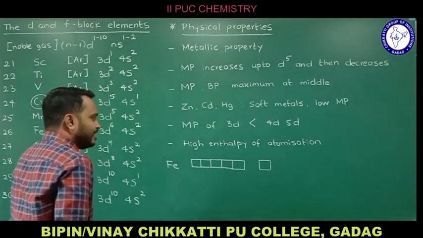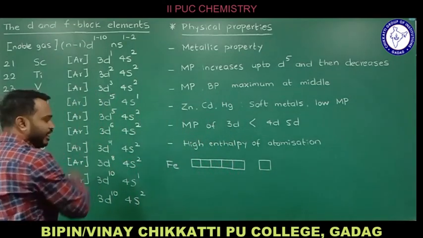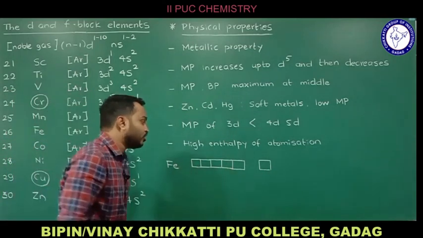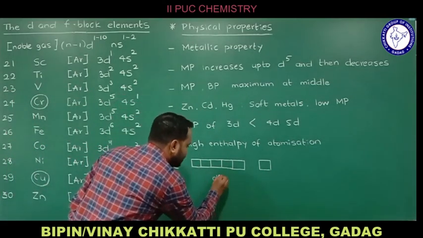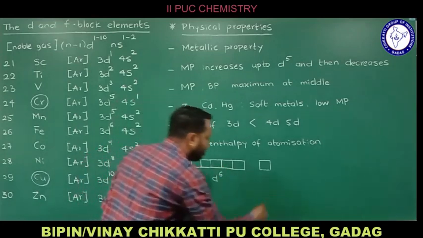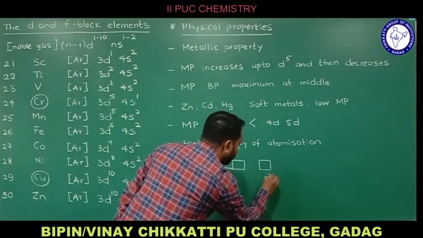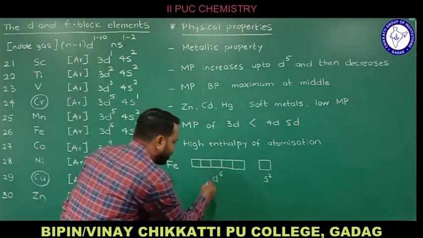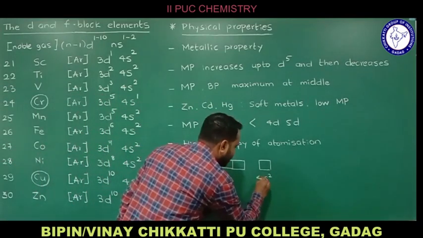Now we have 3d6, so we need to fill the electrons in the d atomic orbitals. This is the d atomic orbital, 6 has to be filled, and this is the s atomic orbital, 2 has to be filled. So this is 3d, and actually this is 4s.